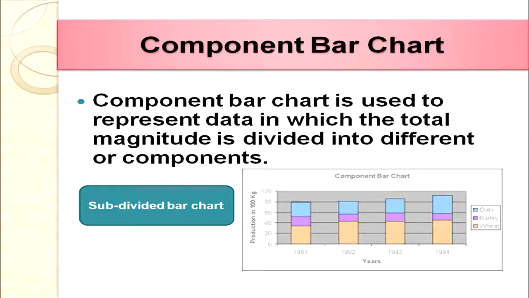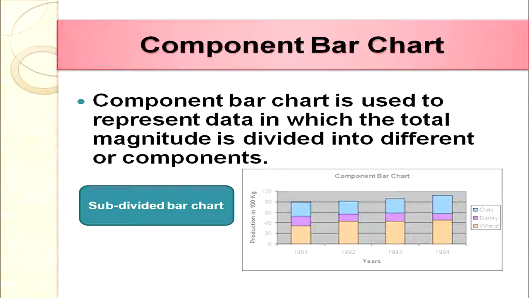Now if two or more than two sets of information are given to me, as a student, how will I identify whether I have to draw a multiple bar diagram or a component bar diagram? For this, students, we need to see whether the total is given. If the total is given in the question, then we have to draw a component bar chart. Whereas, if there is no total, as you can see in the previous example, where export and import are given to us, then in that case a multiple bar diagram will be drawn.